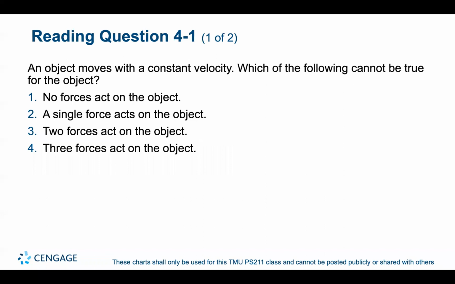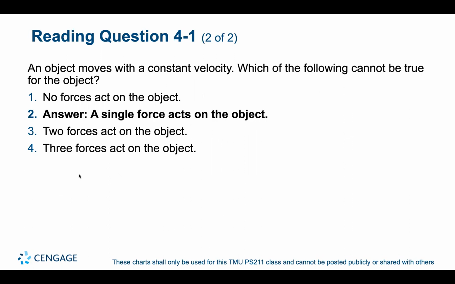First of all, here is a question: an object moves with a constant velocity. Which of the following cannot be true of this object? A single force acts on the object. So with a constant velocity, which of the following can't be true?